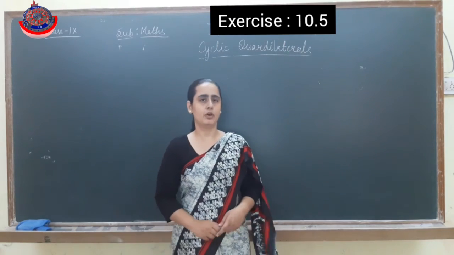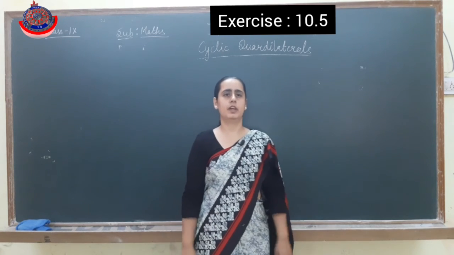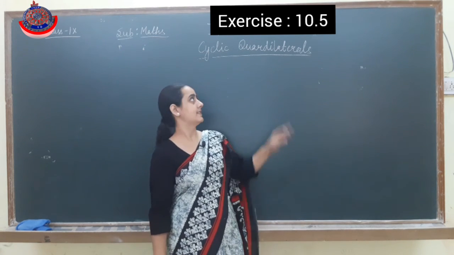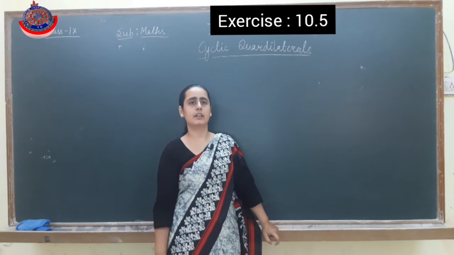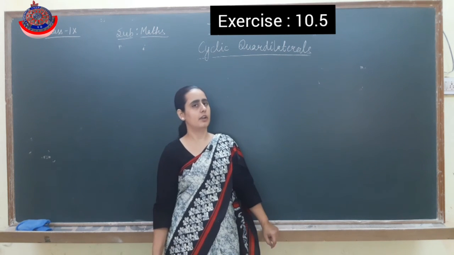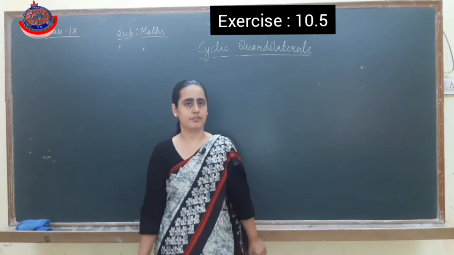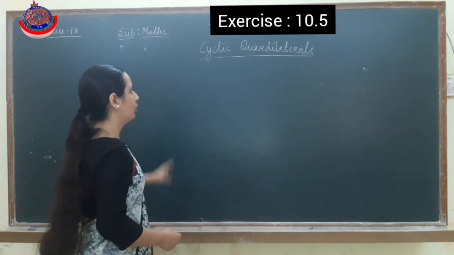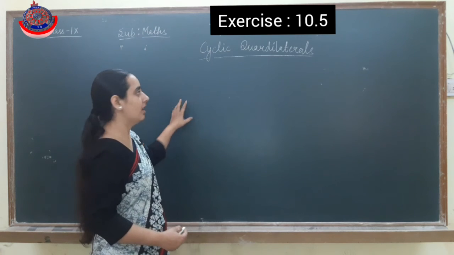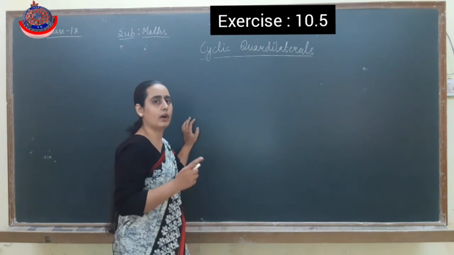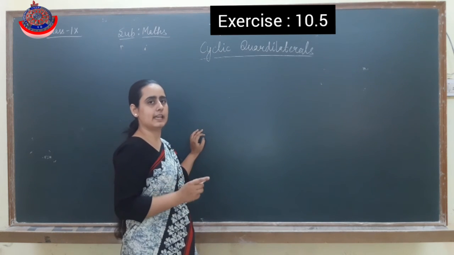The next topic which we are going to cover today under circles is cyclic quadrilateral. Fine. So we will be discussing the meaning of cyclic quadrilateral and its properties. Fine. Now what do we mean by cyclic quadrilateral? When we have any quadrilateral enclosed inside a circle.